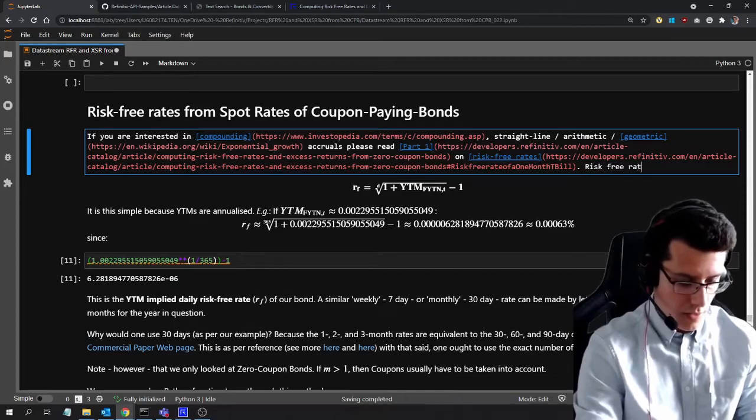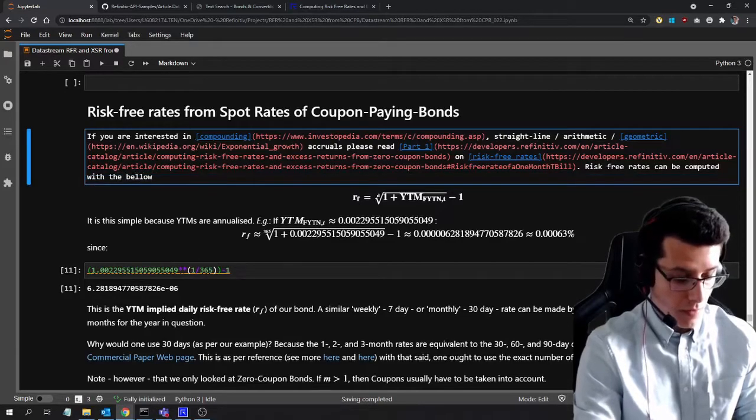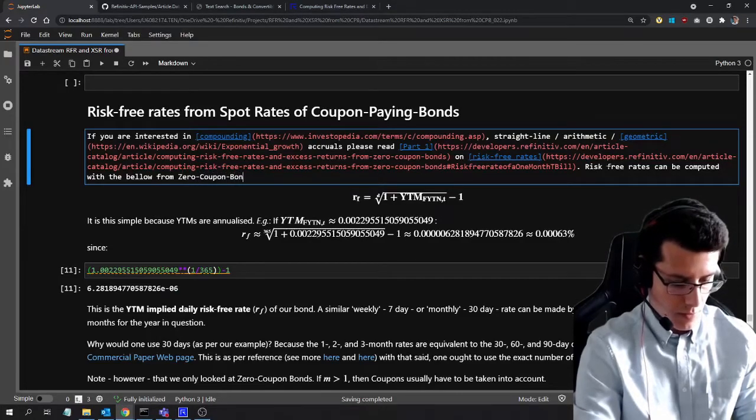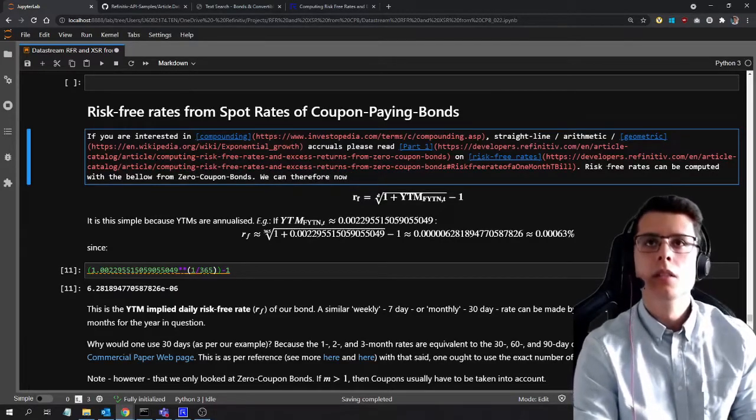Risk-free rates can be computed with the below from zero coupon bonds. We can therefore now, what can we do now?